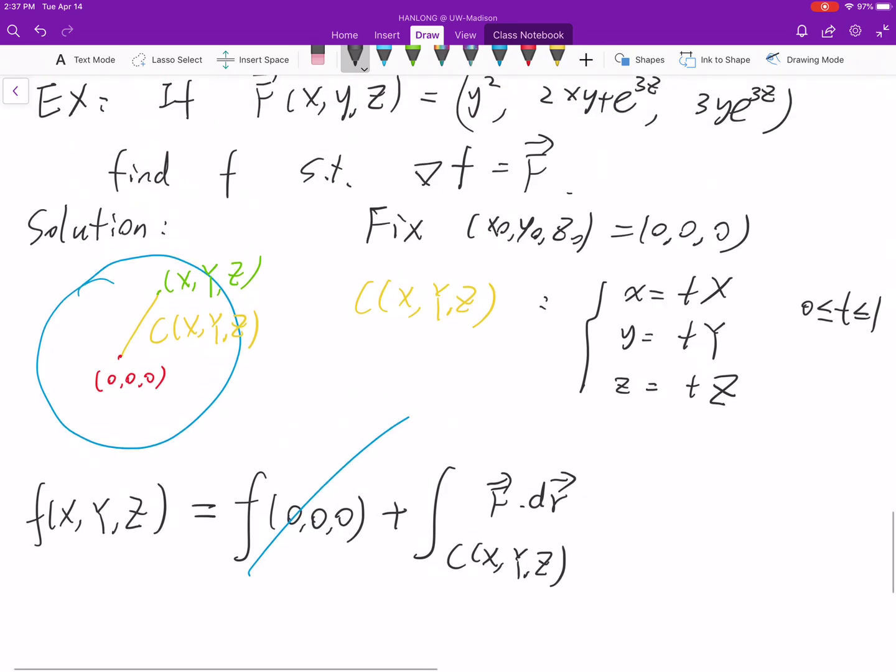And notice that from this parameterization, you have the derivative.